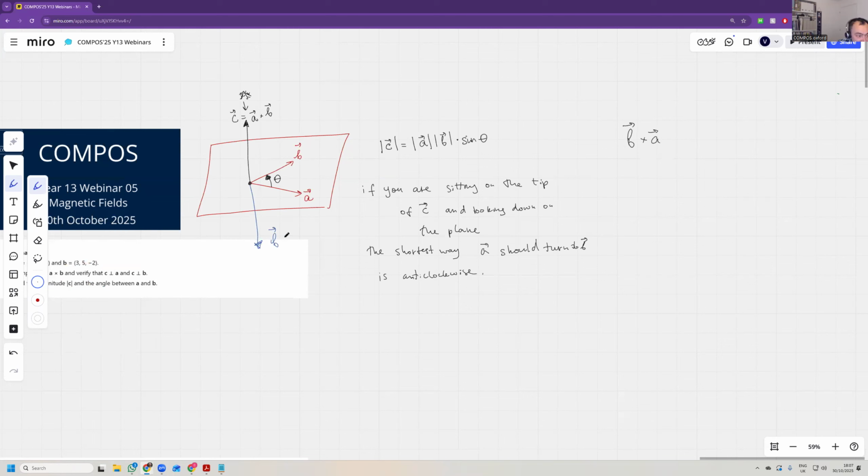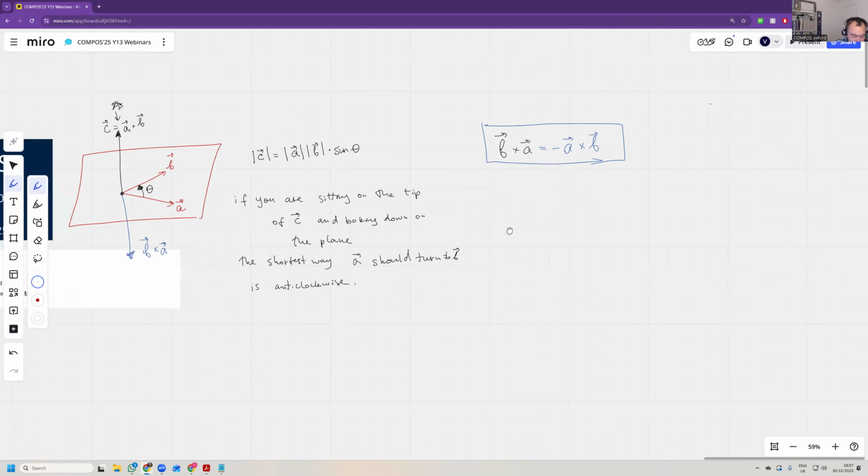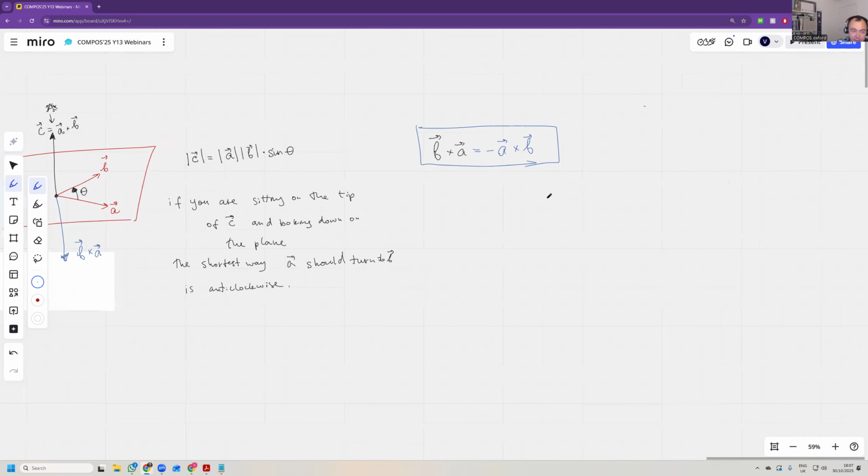So B times A is minus A times B. And this property of the cross product is called anti-commutative.